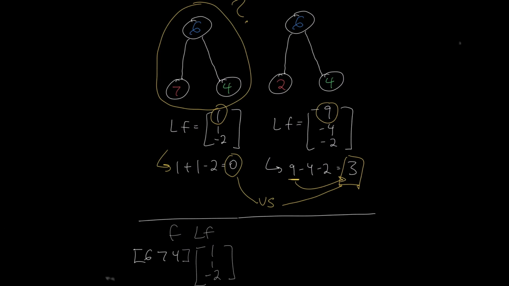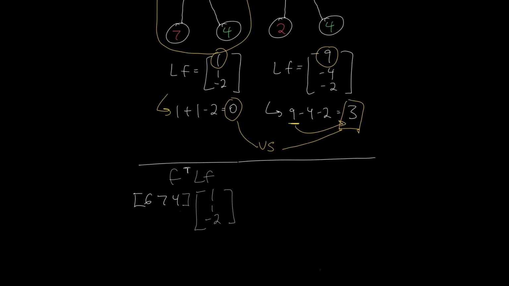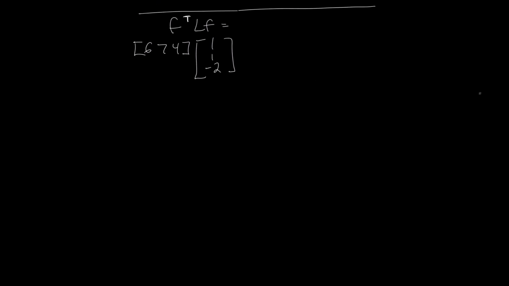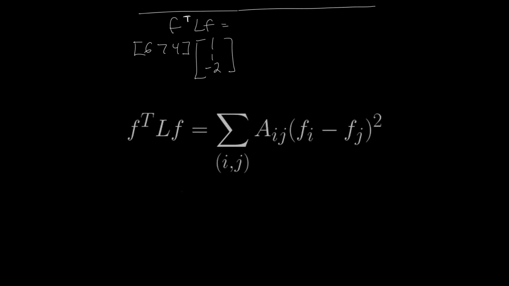Given that matrix multiplication multiplies rows by columns, we turned F into a row using an operation called transpose. If we rearrange F transpose LF, we obtain the following equation that calculates square differences, so the sign doesn't matter. For the sake of time, let's not go into this derivation for now.